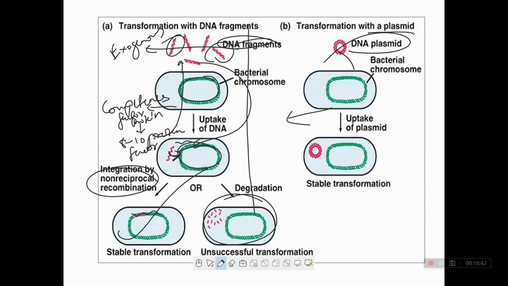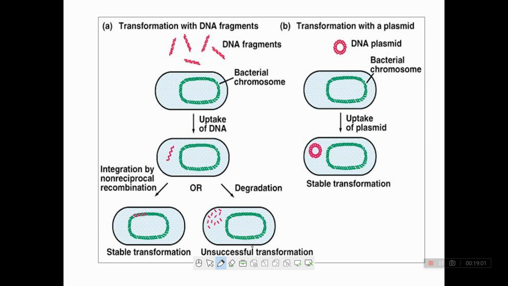After recognizing, they take this plasmid inside the cell. But this plasmid is not recombined with the chromosome, right? It remains separate inside the bacterial cell. So this is also known as a stable transformation mechanism. Okay.